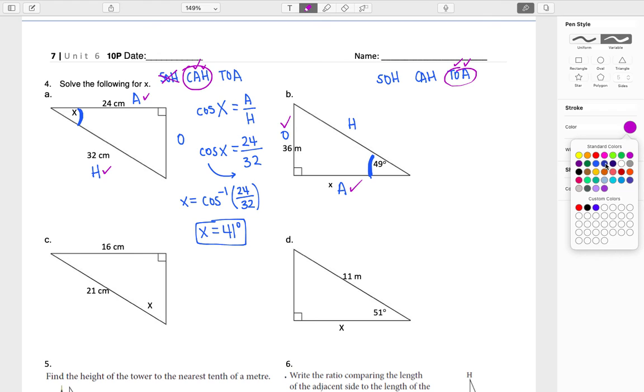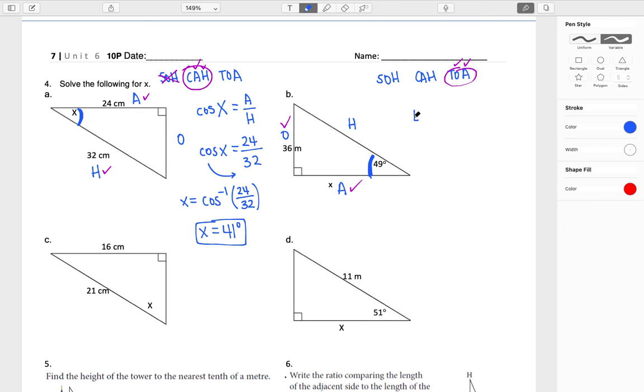So let's write down the formula for TOA, tangent. X, or theta, is equal to opposite over adjacent. Tangent, so we know the angle, which is 49, is equal to opposite, which is 36, over adjacent, which is x.